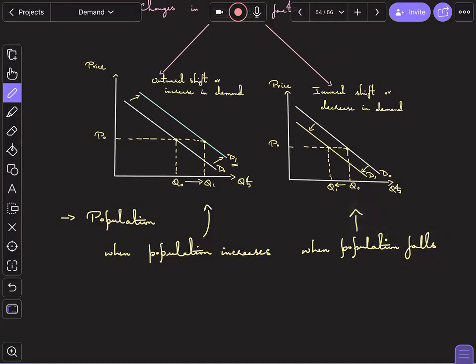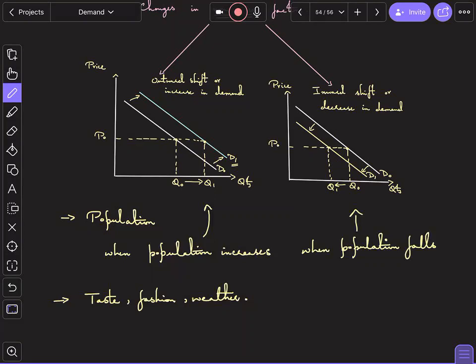This is one reason. There can be other reasons as well, such as change in taste, fashion, weather. For instance, the demand for leather jackets or sweaters will increase in winters.